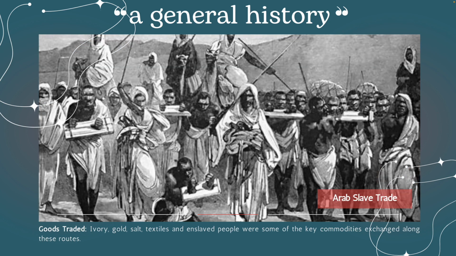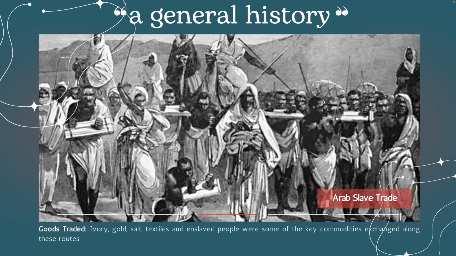Now we come to the ugly part of history, which is the slave trade, the Arab slave trade. The Arab slave trade is also known as the Trans-Saharan slave trade, and slaves were transported across the Sahara. So they were slaves? Yes, you can see them.